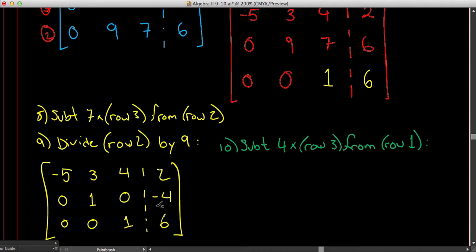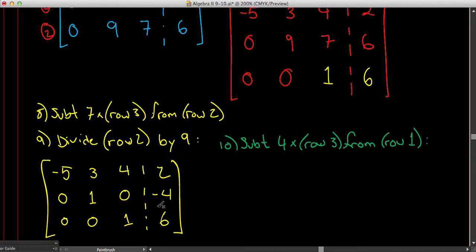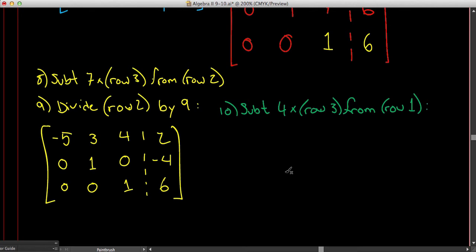If we subtract 4 times row 3 from row 1, we could actually do it. Let's do it this way. Now let's see what happens. If we do that, this is what we'll be left with. Subtract 4 times row 3 from row 1.